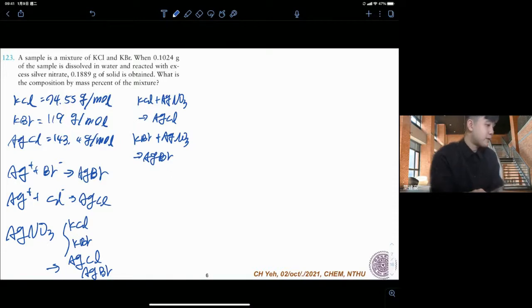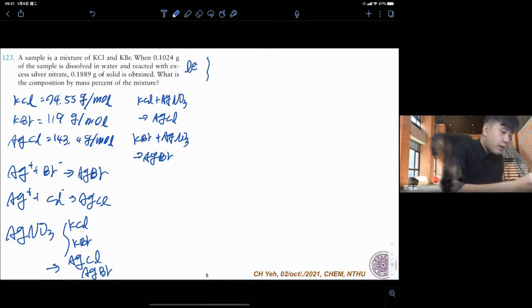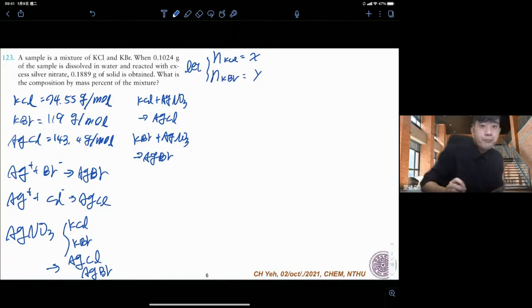This is quite the same. So what we have to do is set up two equations. We let the moles of potassium chloride be X, and the moles of potassium bromide be Y. Okay, I think that is quite easy in this part.